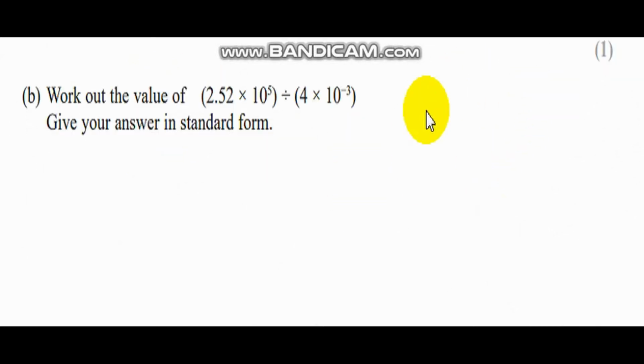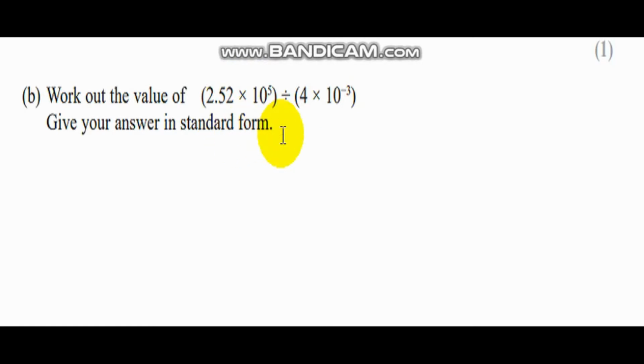And the other thing, sometimes using scientific notation they will create some complicated questions. But look at this, 2.52 times 10 to the power 5 divided by 4 times 10 to the power minus 3. Keeping it in line format is really difficult to simplify. I make it into a fraction, which is easier.